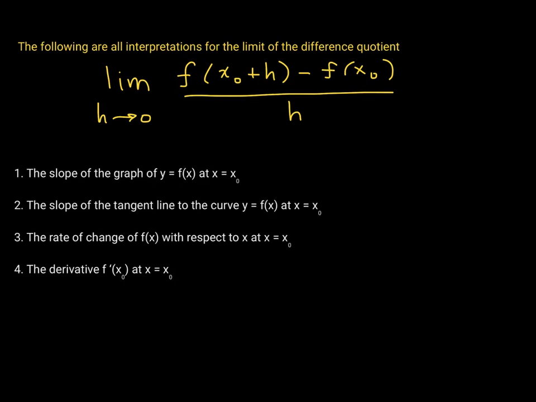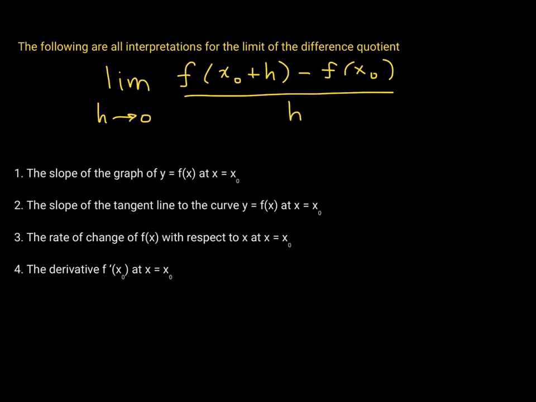Before we end this lesson, this is a good little summary of our discussion about the slopes of curves, the lines tangent to a curve, the rate of change of a function, and the derivative of a function at a point. All of these ideas are based on the same limit. This limit, as h approaches 0, of f of x0 plus h minus f of x0 all over h.